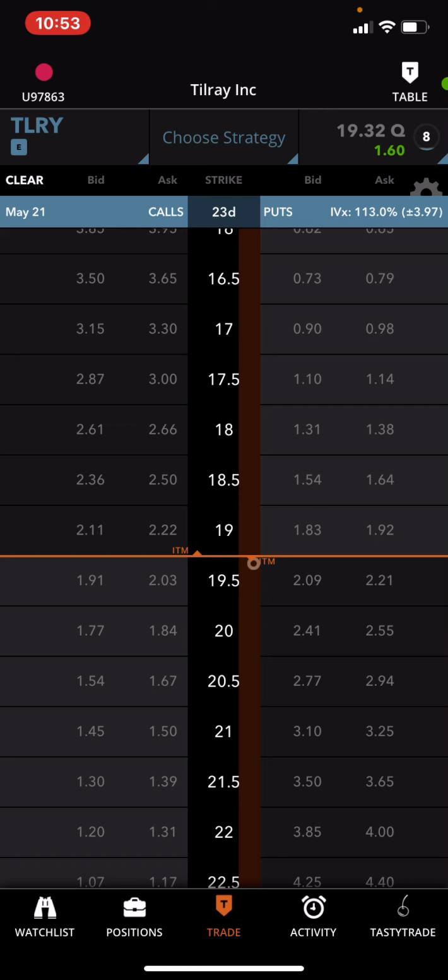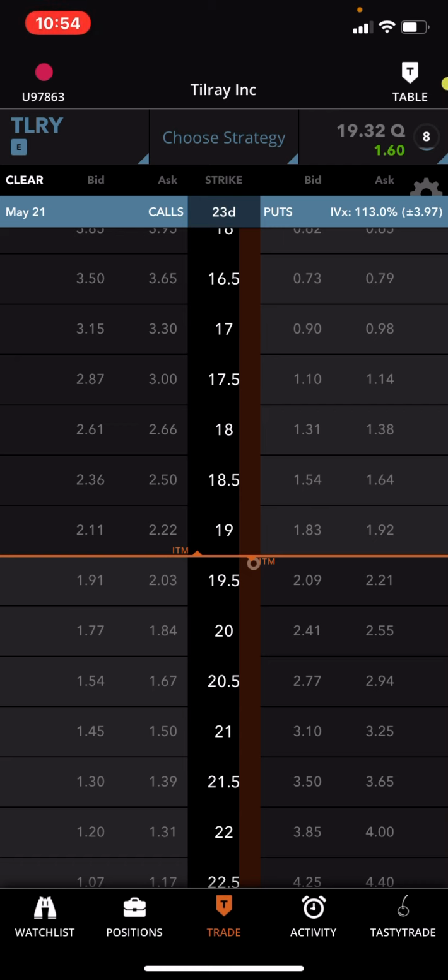But if Tilray goes up too much, then you lose money on your trade. You lose what you paid for, is where I'm trying to get at. I like the calendars. I like skewing them, kind of more of a directional bias. That's my thought process on this trade.